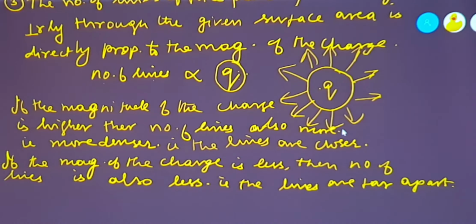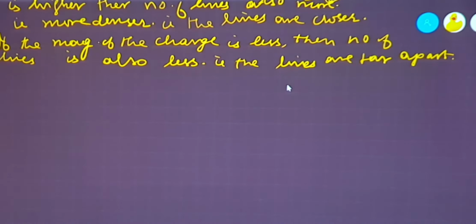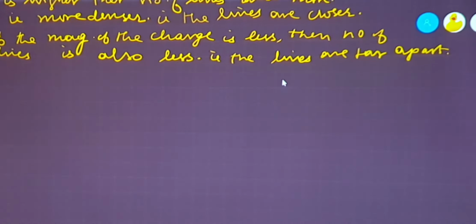If more lines are available, then it is more dense, or we can say the lines are closer. If the magnitude of the charge is less, the value of Q is less, then the number of lines passing perpendicularly through the surface is also less. That is, the lines are far apart. That is point number 3.